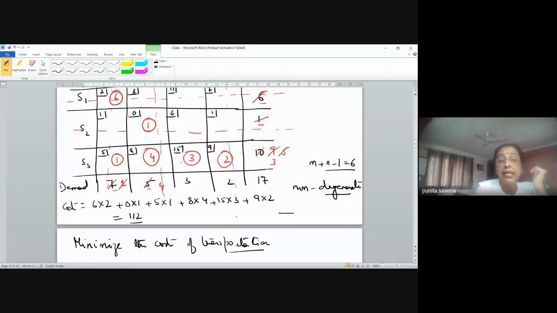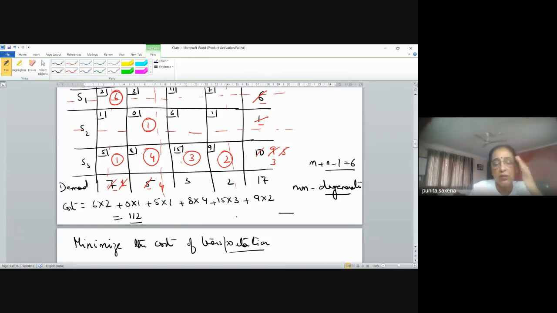Since least cost gives a lower cost of transportation, the northwest initial feasible solution will lead to an optimal solution, but in more steps compared to least cost, because one step we have to cover here itself. If I start with least cost as the initial solution, I will reach my optimal solution more quickly. That is why we say least cost is better than northwest, because it leads us to the optimal solution in fewer steps.